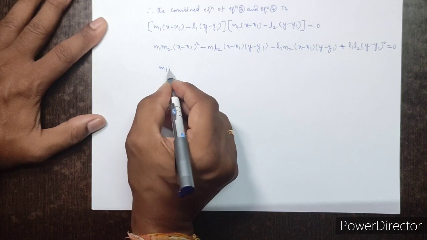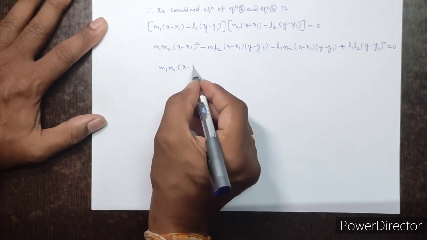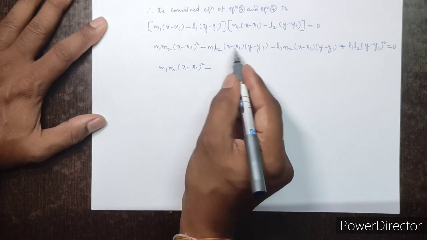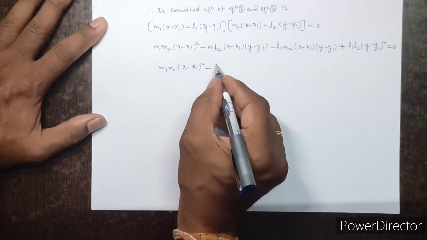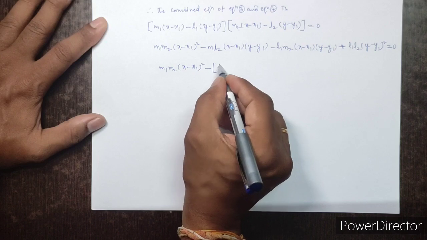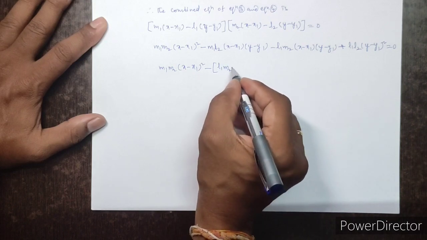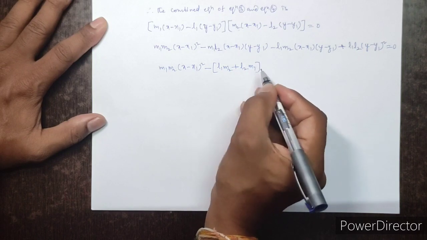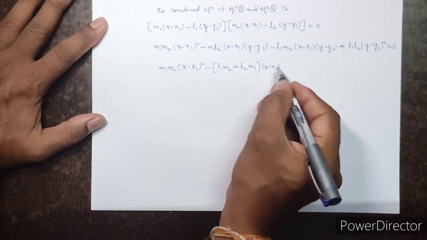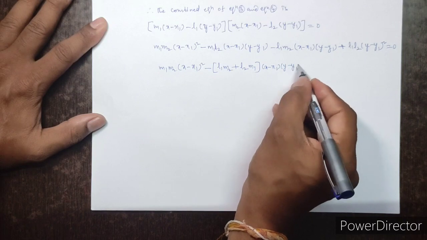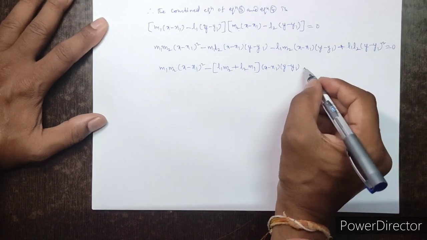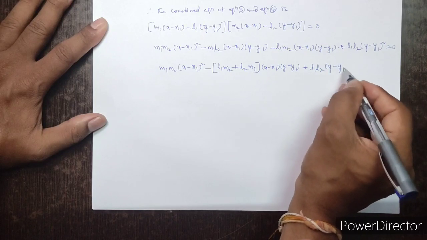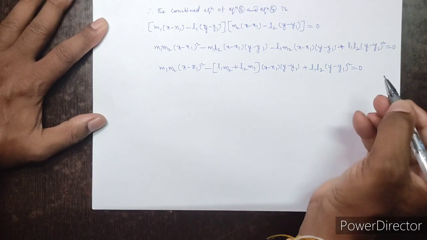So m1 m2 (x minus x1) whole square, minus, we can take common, (l1 m2 plus l2 m1) of (x minus x1) into (y minus y1), plus l1 l2 (y minus y1) whole square equal to 0.